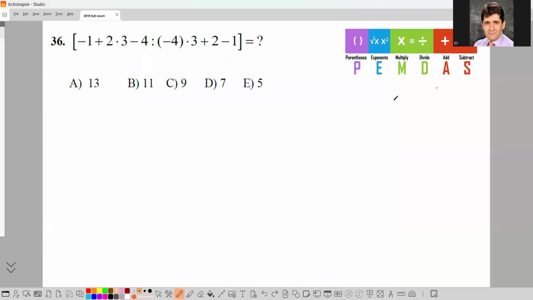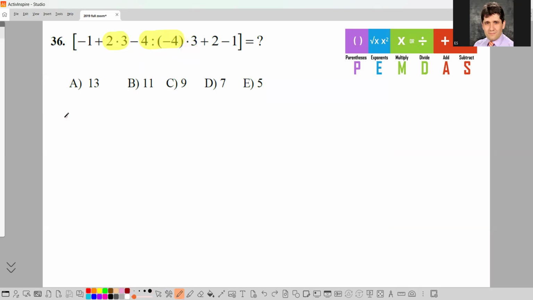Now, as usual, the first question is order of operations. Let me highlight which operations should be performed first. Clearly, we can perform division and multiplication simultaneously here, and after the division, we can perform the second multiplication that we see.